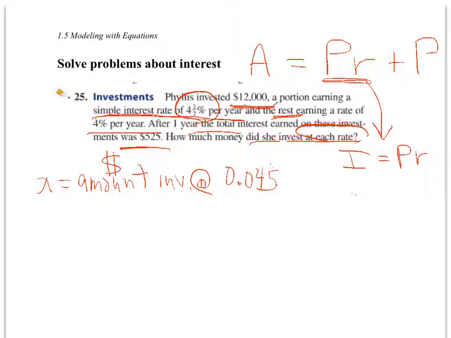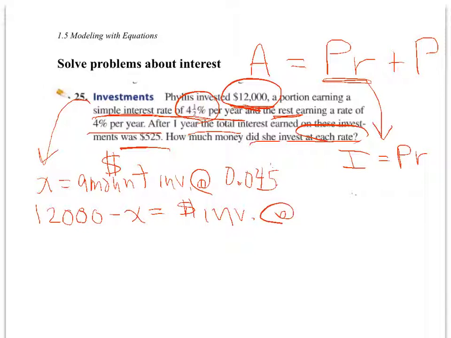Okay, so the amount invested at 4.5% will be X. Now, if she has $12,000 altogether, and she's invested X dollars at 4.5%, that leaves her 12,000 minus X dollars to be invested at the other interest rate, and that's 4%, so that's 0.04. Now we know the amounts, the principal values, and we have the rates, so we can figure out how much interest will be expected for these two investment amounts.